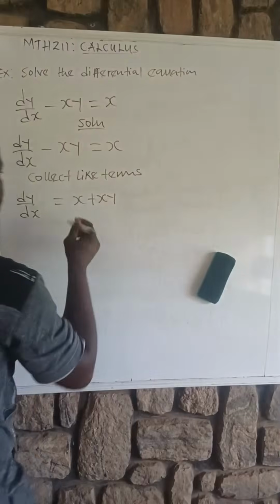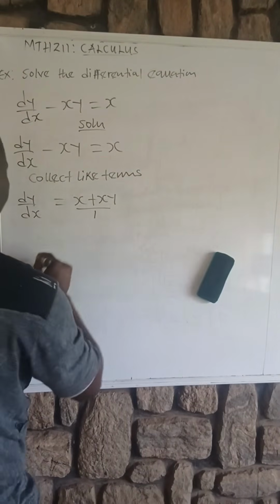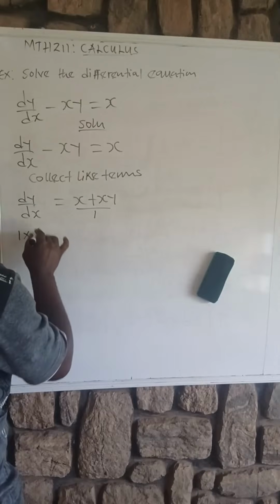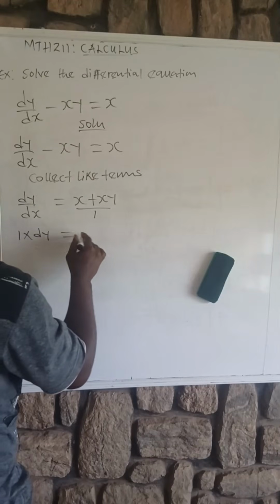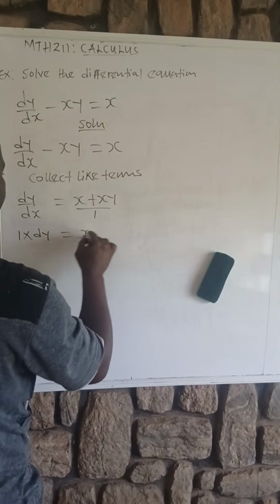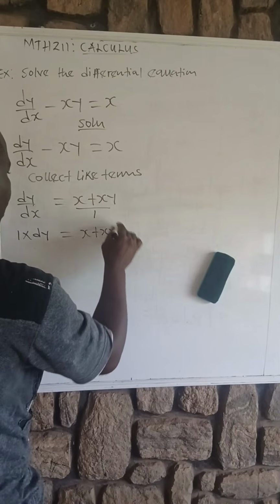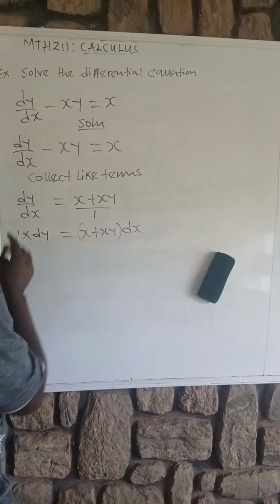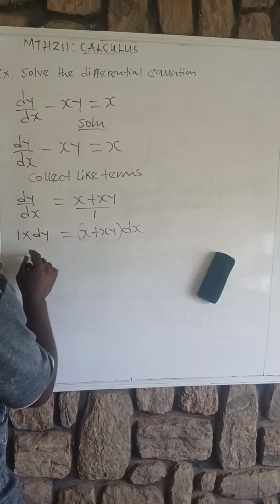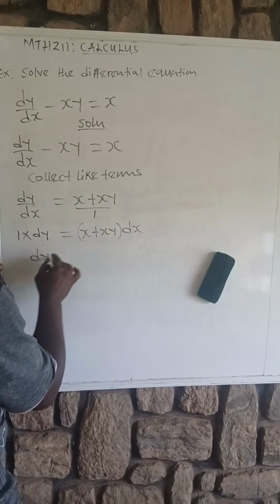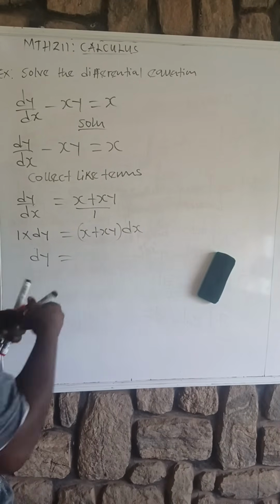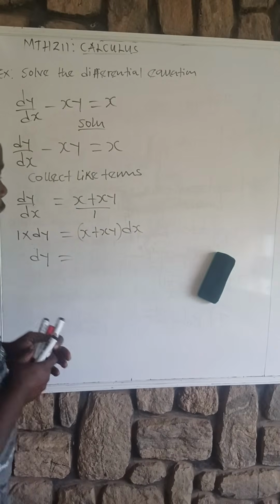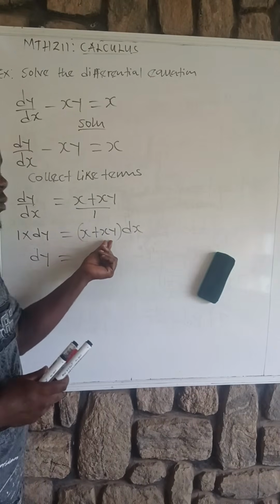We now cross multiply, right? So this one will multiply this. So 1 times dy is equal to x plus xy dx. The left hand side will be dy equals to, let's look at this. What is common here?